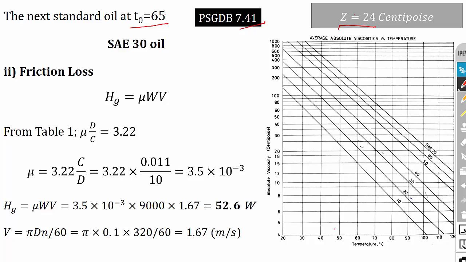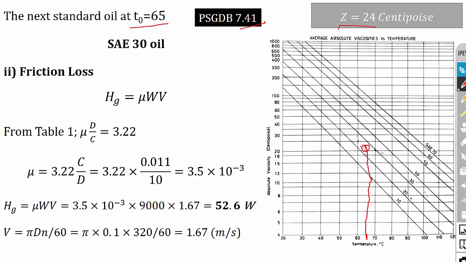The x-axis in the plot is temperature, so mark 65 degrees Celsius, and the value is 24 centipoise. It will go like this, around here. So this is our point.